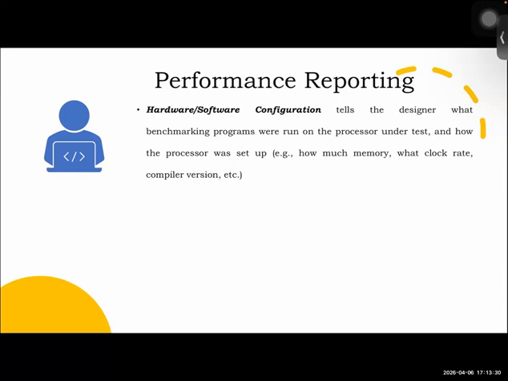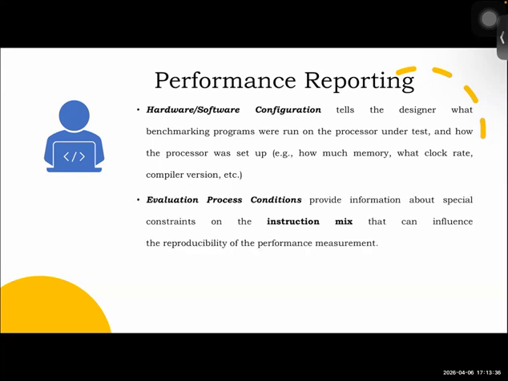Another one is the evaluation process condition that provides information about special constraints, like the instruction mix, like only data transfer instructions, or only branch instructions, or only arithmetic instructions, or the combination of all these instruction sets together. So that can influence the overall performance of a processor also.